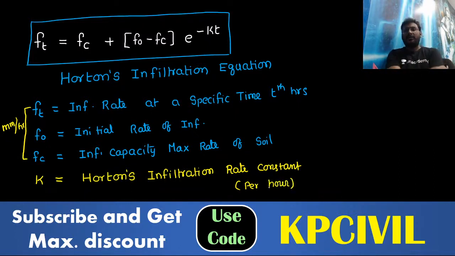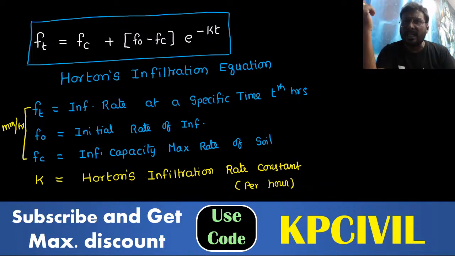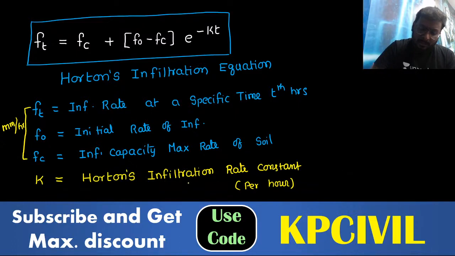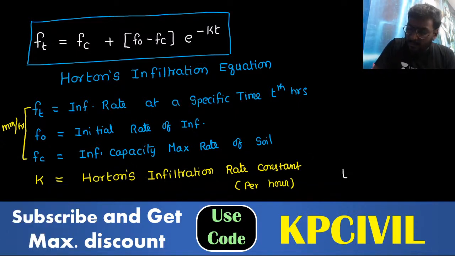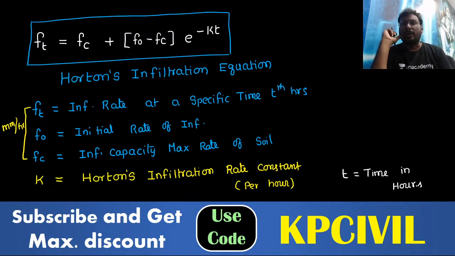Ft, F naught, Fc and K. T is a time in hours, no doubt. T is nothing but time in hours only, no doubt related to it. T is equal to time in hours. Okay, done.